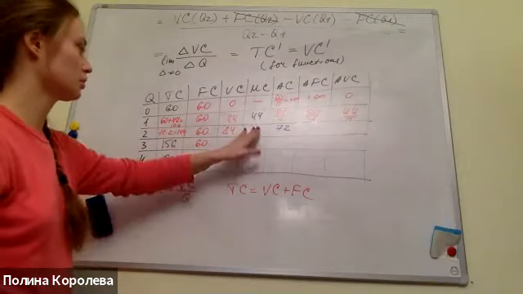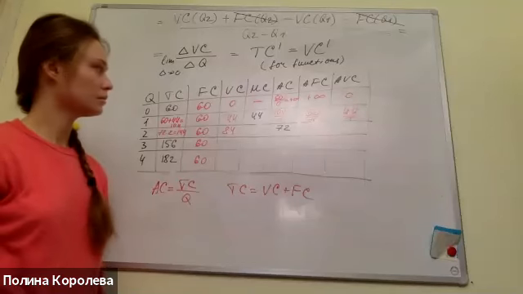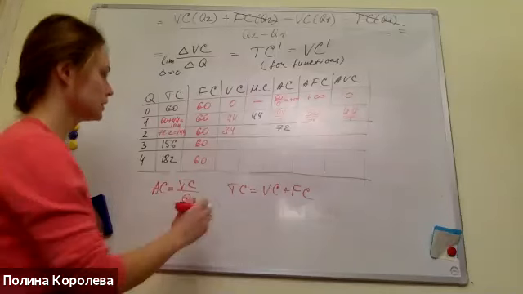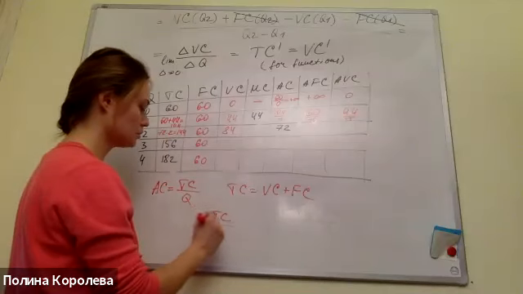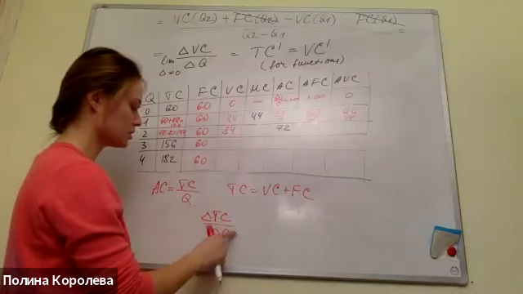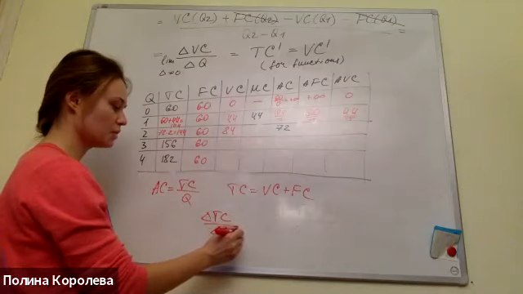Then marginal cost. It's 40? No, it's 42? No. It's the change in total cost when we change the quantity. The quantity change right now is 1.